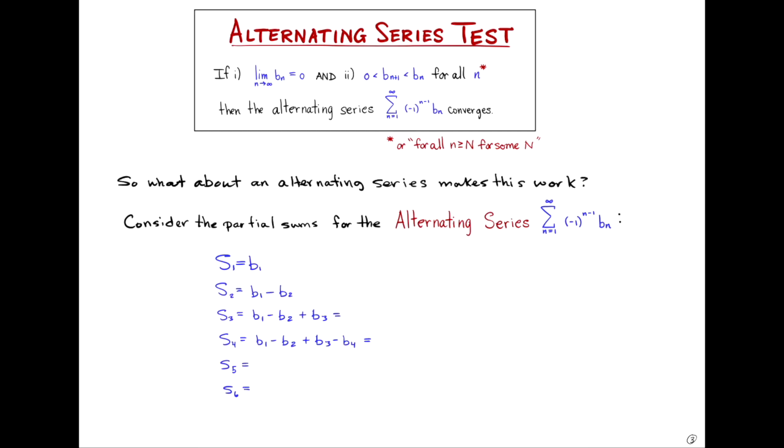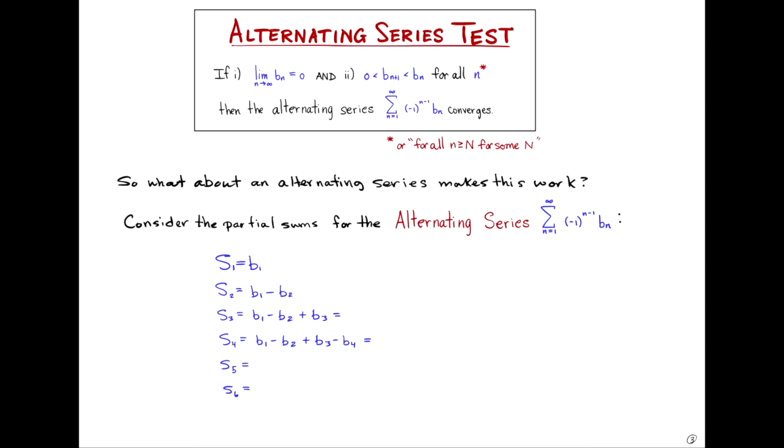And it doesn't have to be for all n, it just has to be for all n greater than or equal to some number. As long as the size of the terms start decreasing and continue decreasing at some point, then we're good. And then by the alternating series test, that tells us that our alternating series converges.